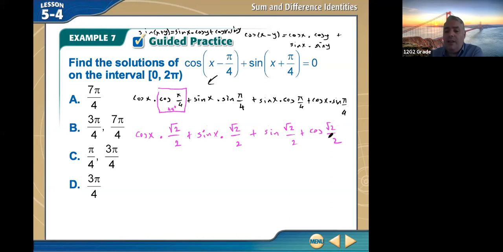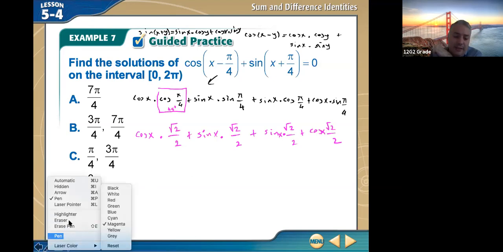Is this okay till here? Check it, please. Let me check one more time. Cosine x root 2 over 2, sine x root 2 over 2, sine x here, I forgot, sine x times root 2 over 2, plus cosine of x times root 2 over 2. I forgot to write the x's.